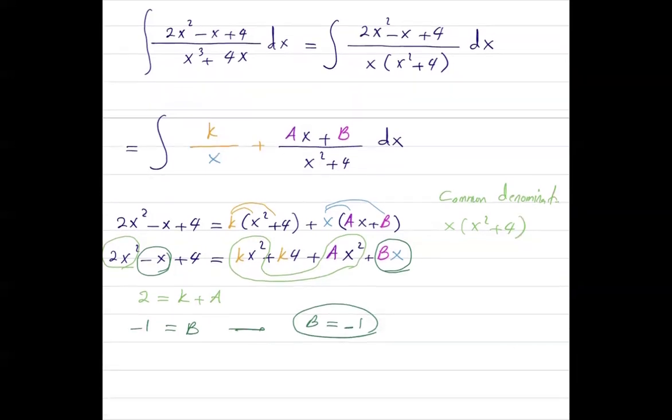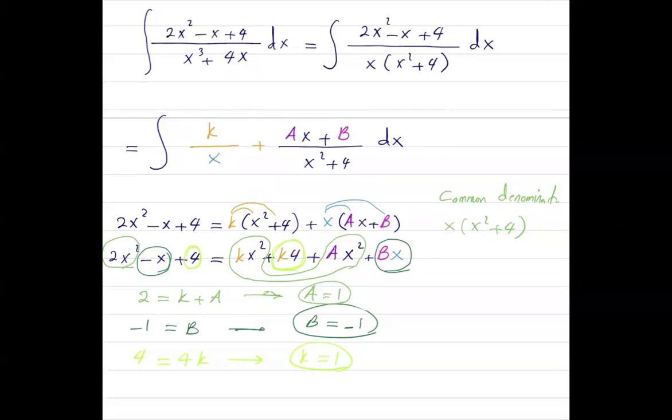Now, at the same time, if you check 4k, 4 is equal to 4k. What's the meaning of that? It means that k is equal to 1. But since k is equal to 1, a becomes 1 as well. So we found all the missing pieces.